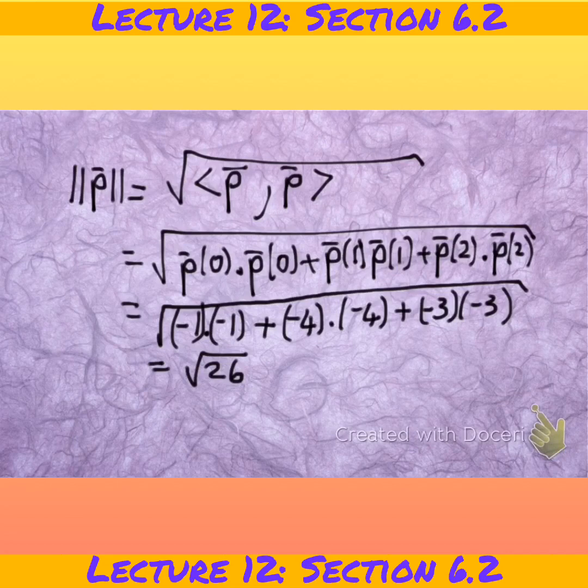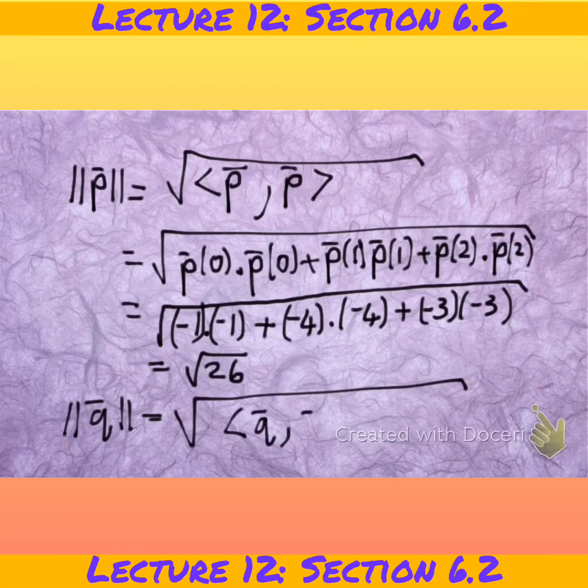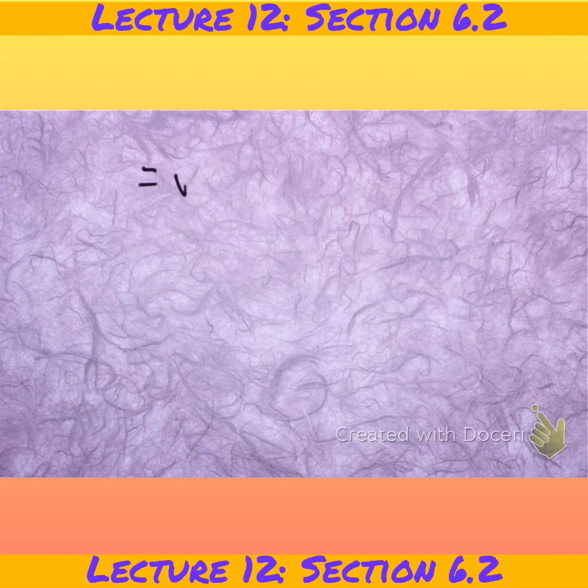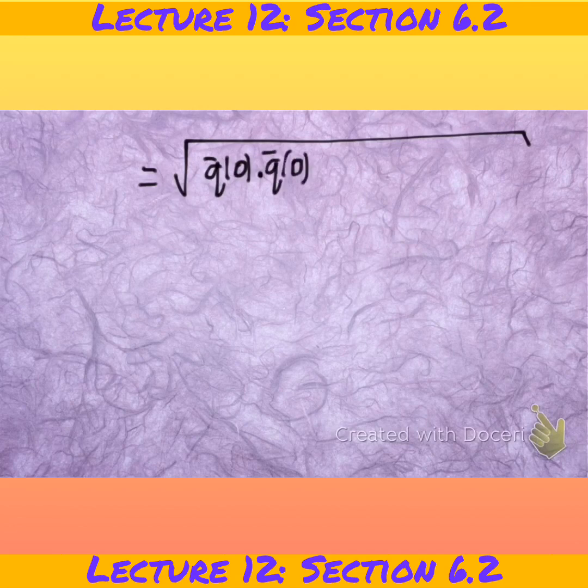The norm of Q is pretty much going to be the square root of the inner product of Q with itself. So you're going to evaluate Q at the point 0 and multiply that with Q at the point 0.